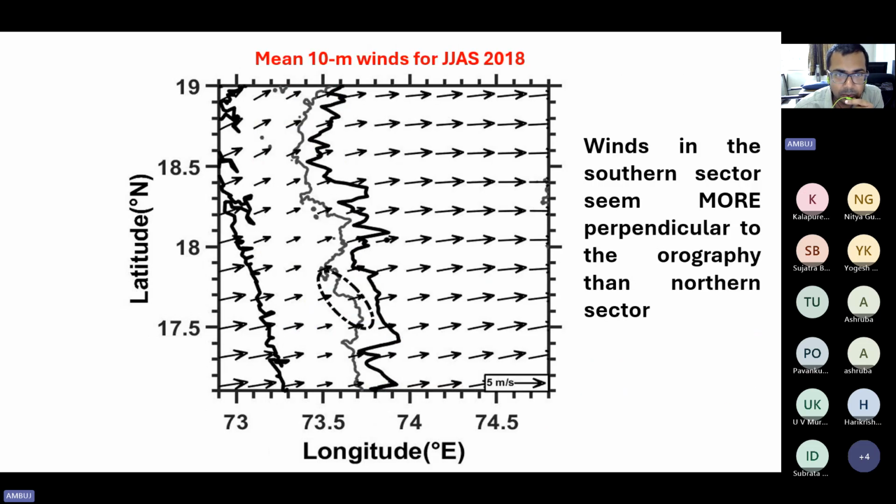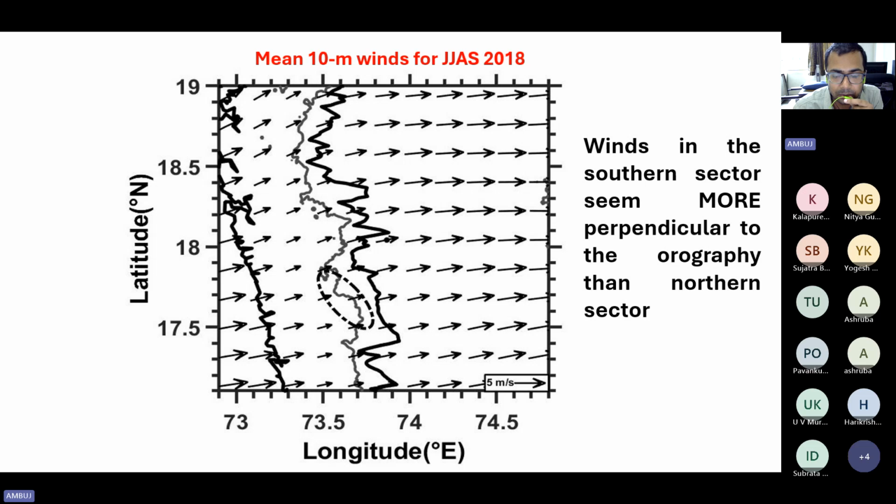So then we looked into wind direction. In most of the earlier studies, the wind direction has not been considered for understanding the spatial distribution of rainfall.